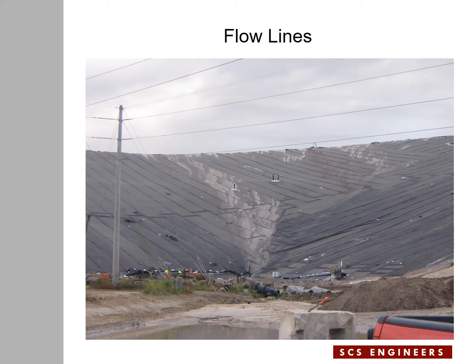This is after the completion of the geocomposite. We had a big storm. The storm managed to wash down some of the dirt from the top slope, and the dirt happened to leave a stain on the geocomposite.